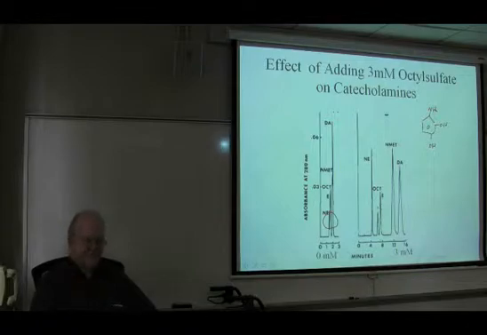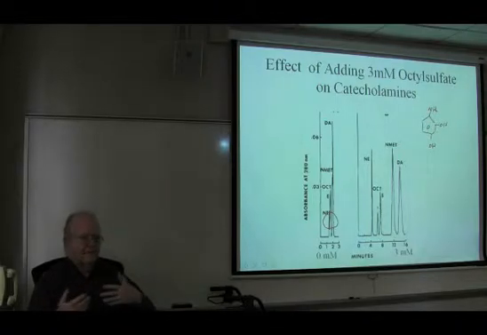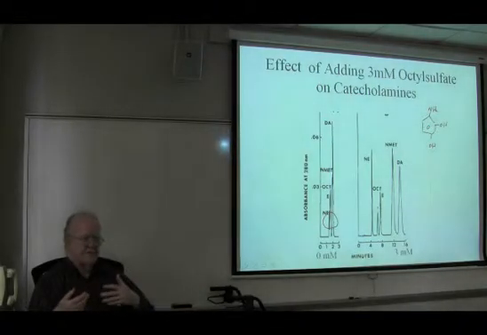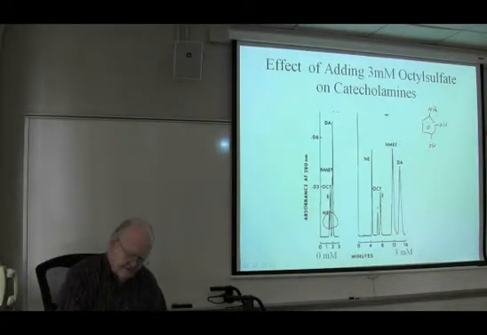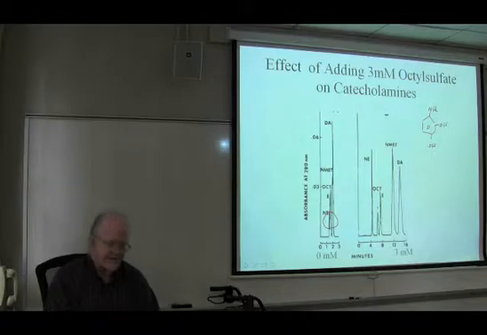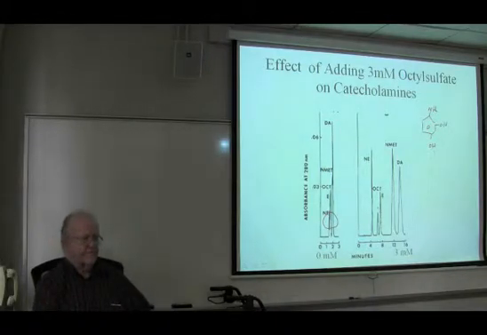This is, I forget which of the catecholamines this is, but it's a simple one. It's very easy to reduce this compound. It's electroactive. It's part of the charge transport system in neurons. There is a family of these catecholamines.